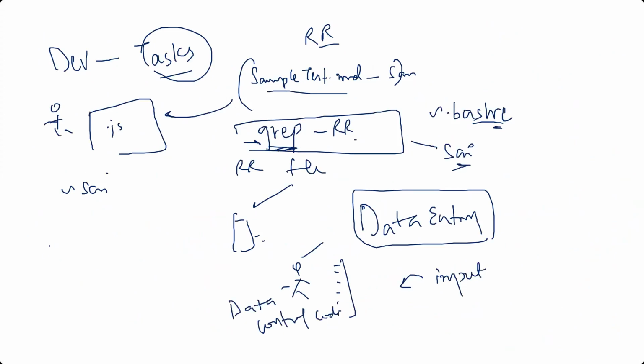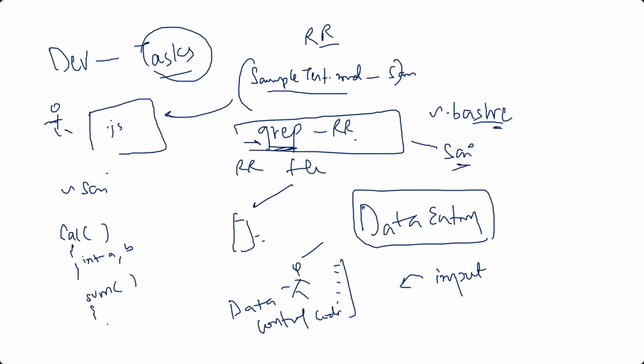For example, let's assume you are writing a program. I'm taking a very simple example. Let's assume you are writing a program to do a calculation. You are taking an input of a and b, and you are just doing a sum.